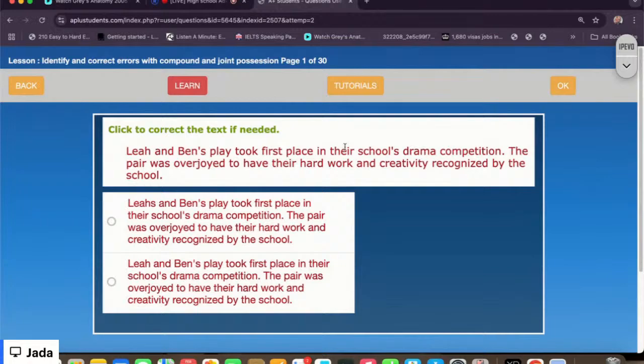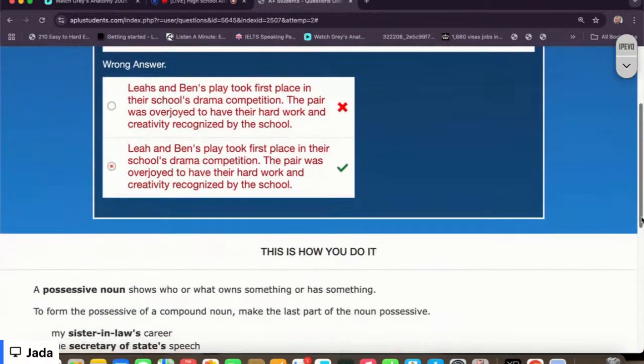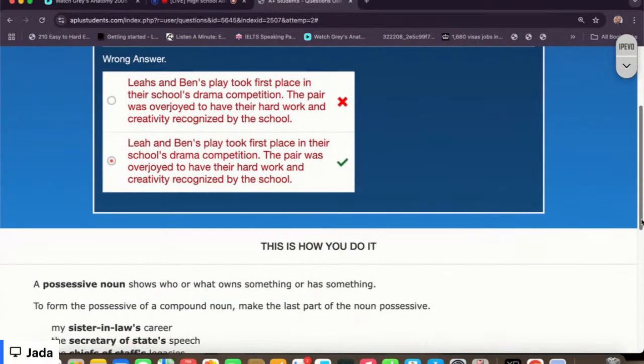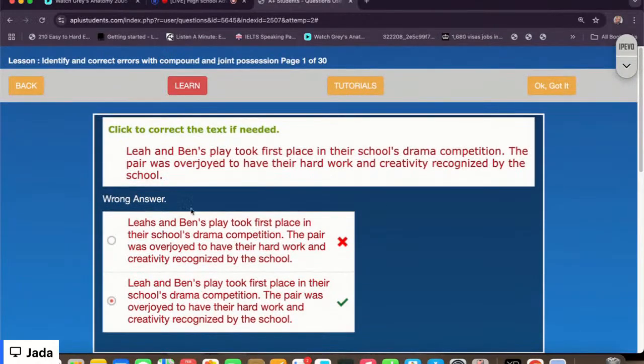So the options are all the same. This one is the one that was marked correct, but you should also take note that Leah's name had an S, so it shouldn't have an S. So that's why this is the correct one.